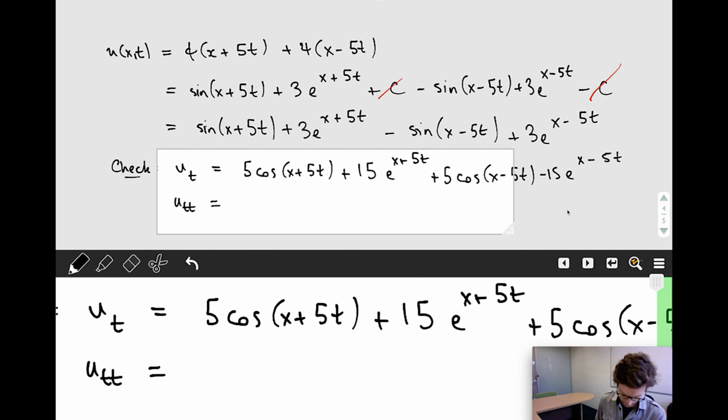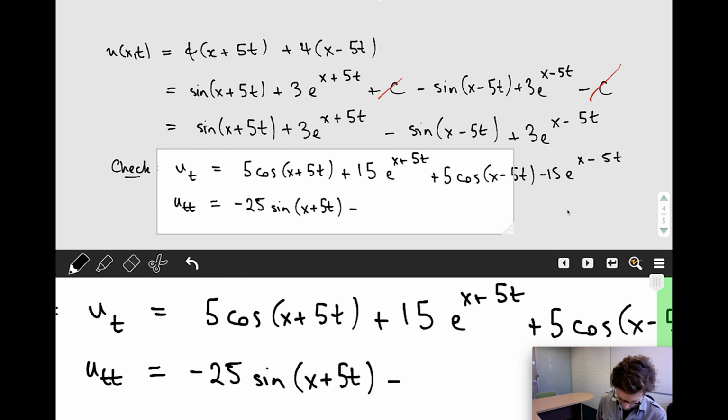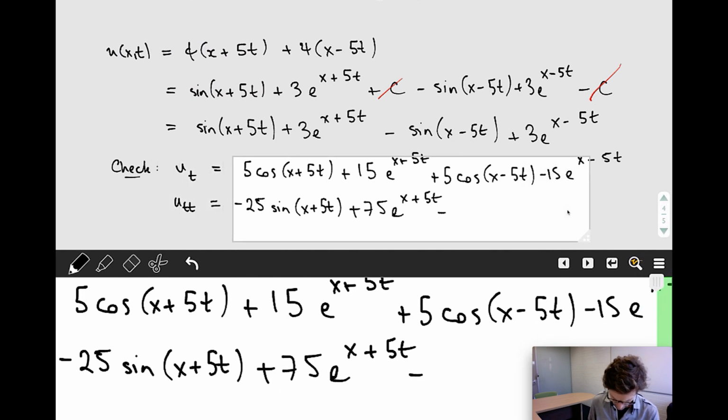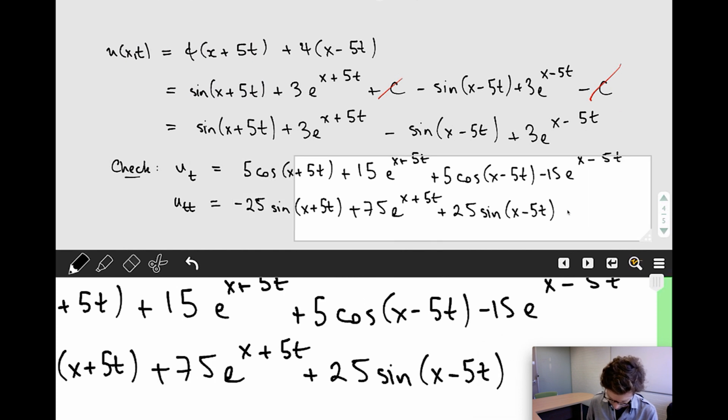I'm going to get minus 5 times 5 sine(x + 5t), plus 5 times 15 is 75 e^(x+5t), minus 25 sine, actually it's a plus 25 sine(x - 5t), plus 75 e^(x-5t).